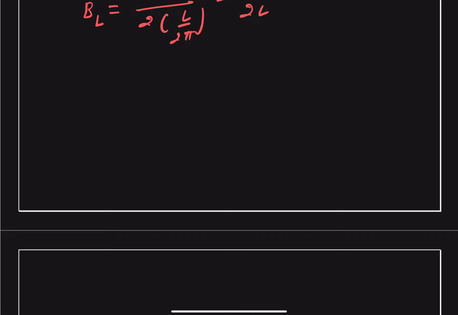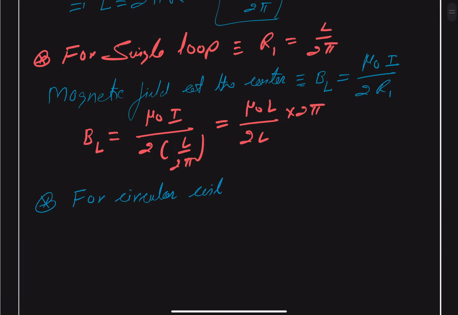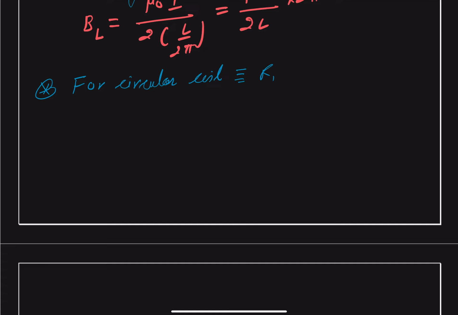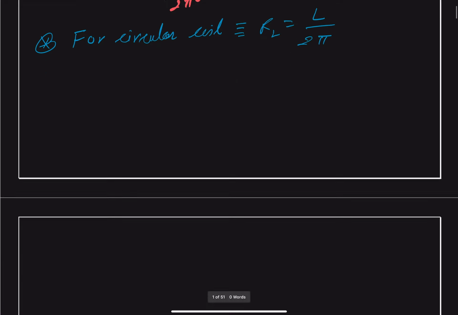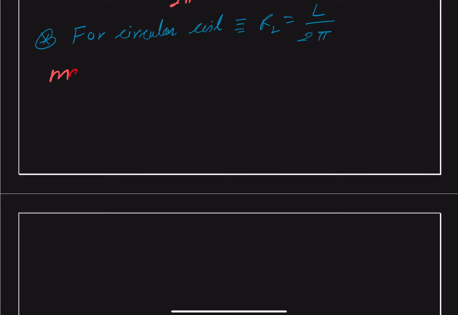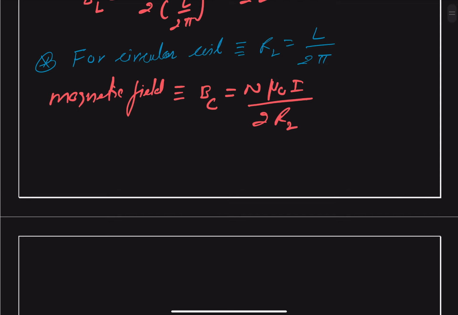Same we can write for the circular coil. For the circular coil, we can write our R2 will be equal to L upon 2 pi, and its magnetic field, that is our B coil, is equal to the number of turns times mu naught I upon twice R2, and this will be also multiplied by the number of turns, that is n.